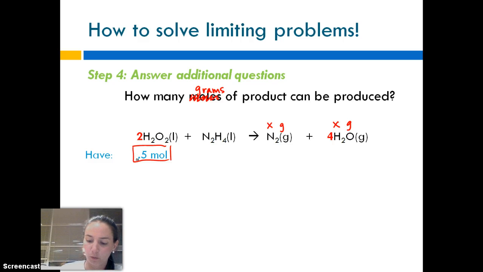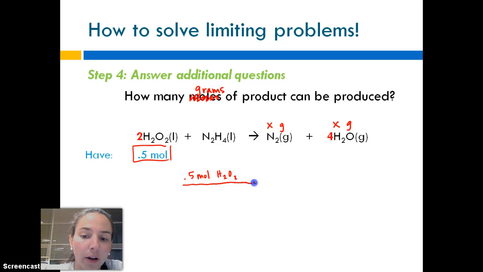So we're going to go through and just do the simple stoich. I'm going to start with 0.5 moles of my hydrogen peroxide. I want to convert moles of hydrogen peroxide into moles of N2, so I'm going to use the mole ratio from the balanced equation. Now my moles of hydrogen peroxide cancel.